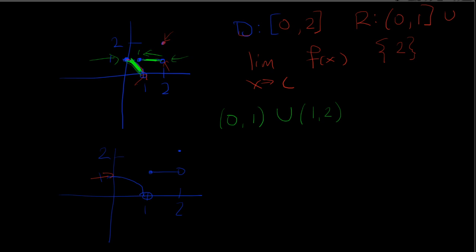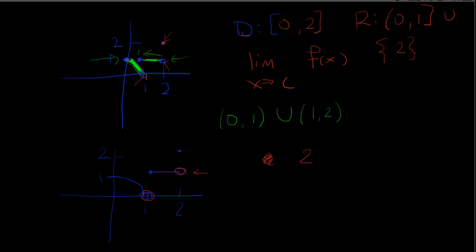So we don't want to include 0. At 1, the left-hand limit is 0. So that works. Let's see, anywhere in this interval doesn't work. So actually, yeah, actually at 2 here, there's nothing to the right of it. The left-hand limit will work.